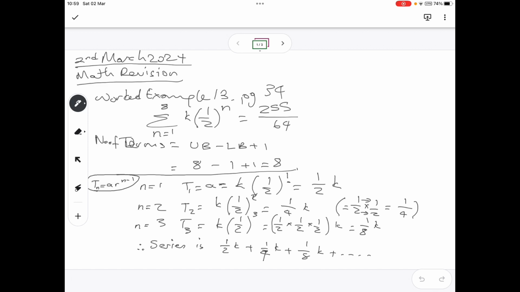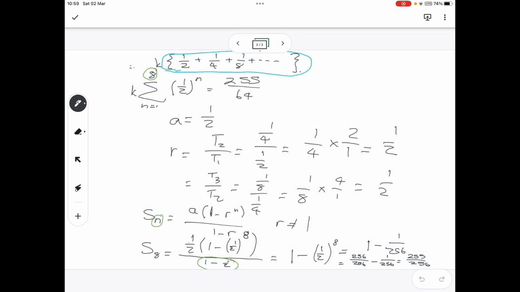This 255 over 64 is originally where we started with our problem. We need to find k if k times this series here is that much. So now we found what this series here, a half to the power n, is.